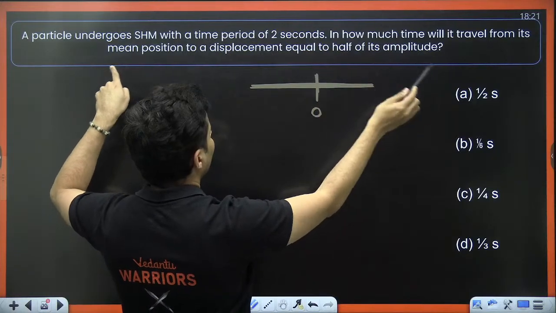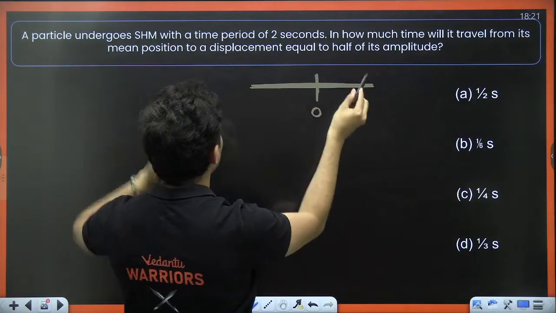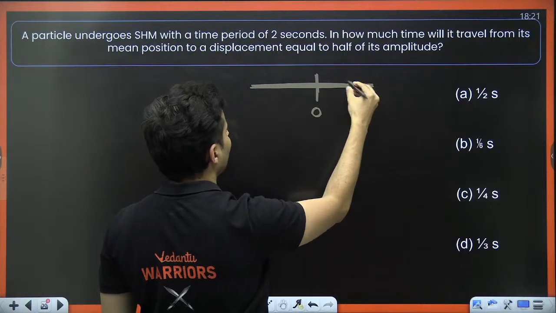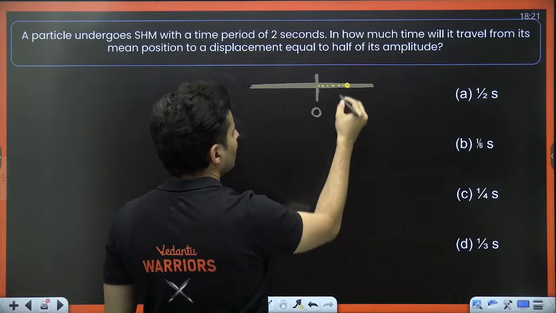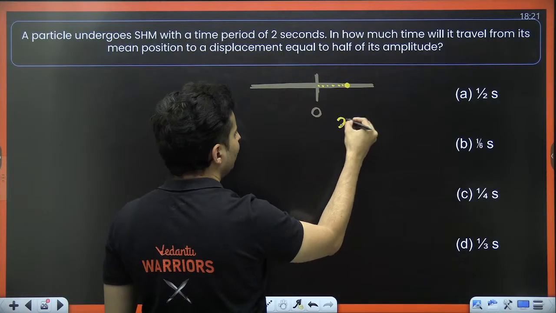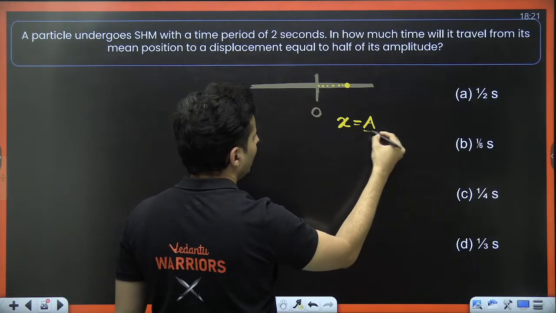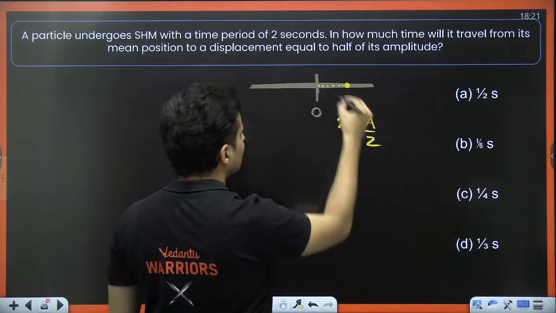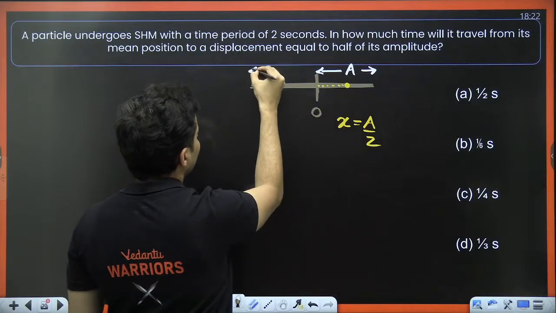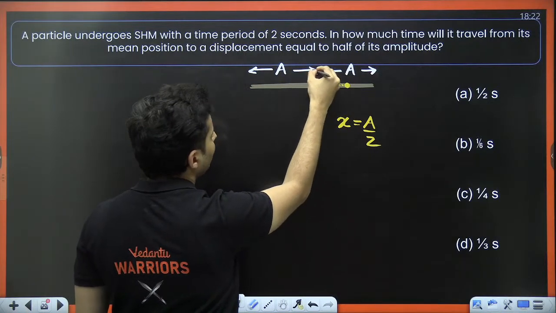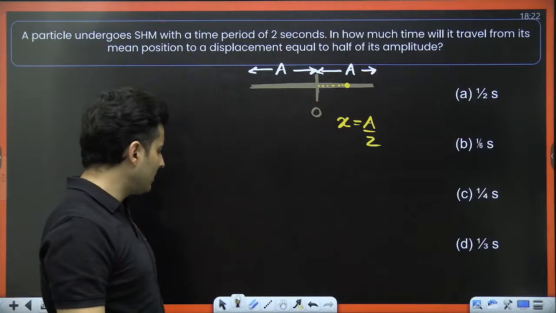What time will it travel from mean to the displacement equal to half of its amplitude? Half of its amplitude, that means exactly at the midpoint, the value of x must be a by 2, because this thing is the amplitude.